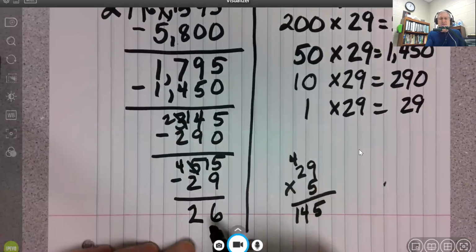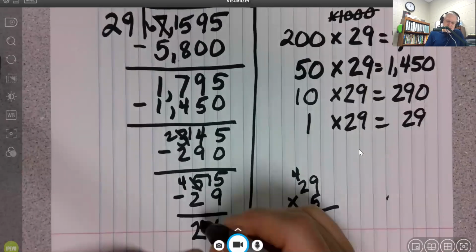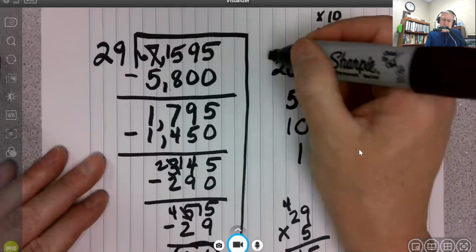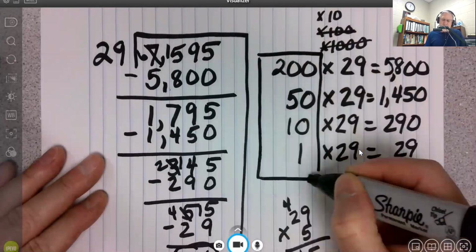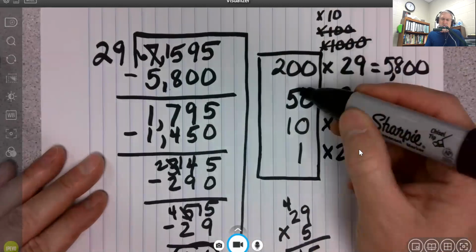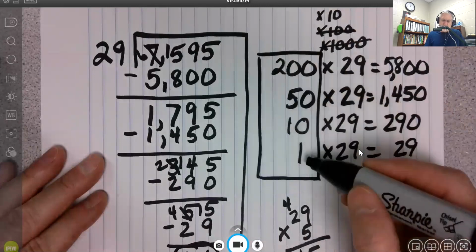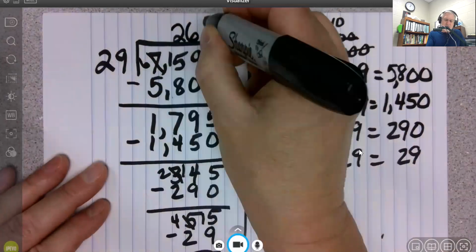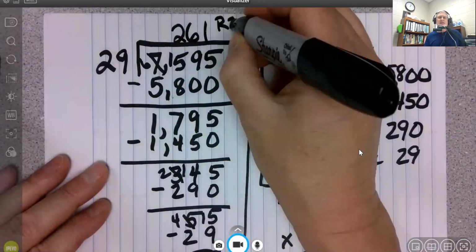Is 26 smaller than 29? Yes, it is. So I cannot make any more groups, so I have to circle that. I come over and make a rectangle of where all my groups are located, and I have to add these together. 200 plus 50 is 250, plus 10 is 260, plus 1 would be 261, with a remainder of 26.